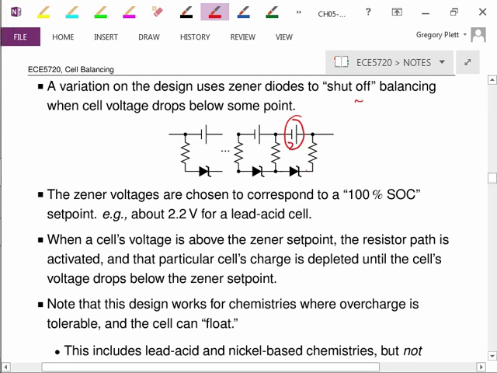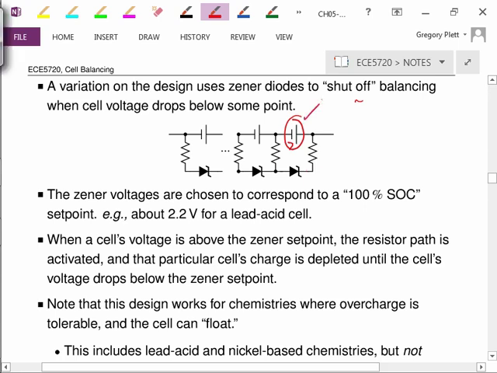This would typically be designed into something where the Zener cutoff is somewhere around a 100% state of charge set point. So for a lead-acid cell, maybe around 2.2 volts. And when I'm charging the battery pack and the cell voltage is above a Zener set point, this resistor path is activated.